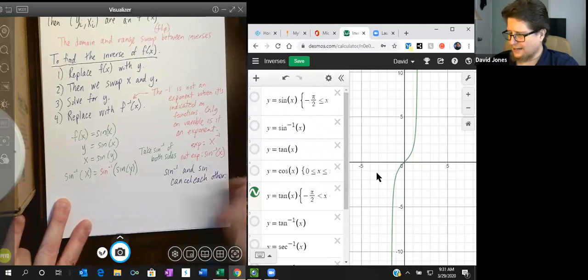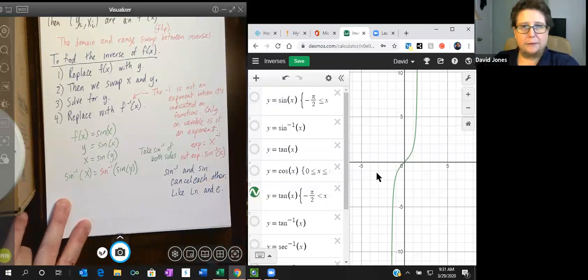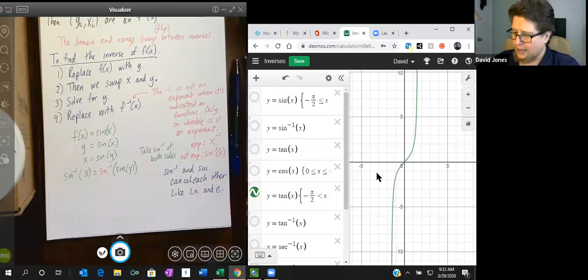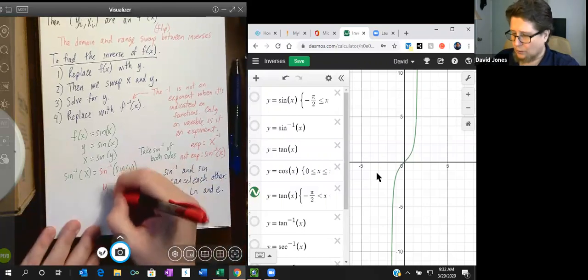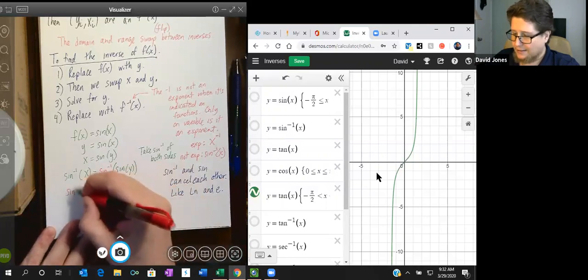Kind of like natural log and e canceled from algebra. Remember when we had that? We took the natural log if we had an exponent to get rid of the e. Same idea. And what we end up with here is y equals sine inverse of x.